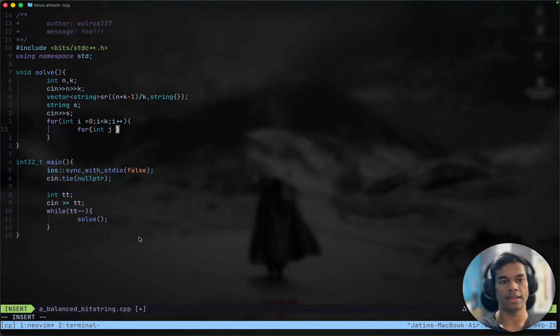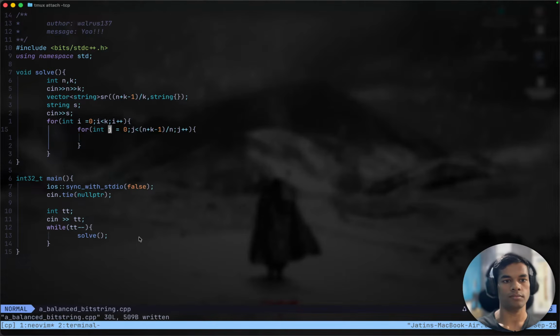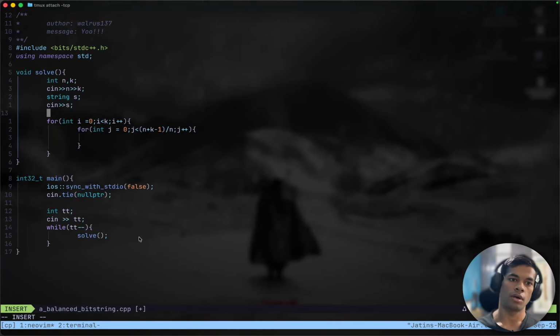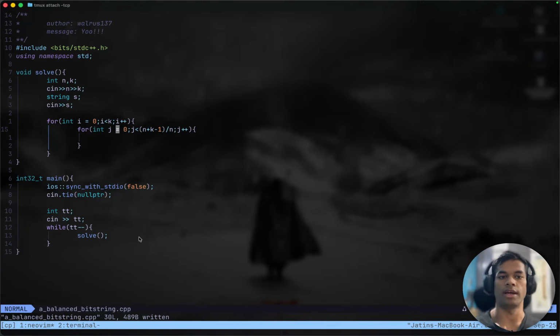for int j equals 0, j less than (n plus k minus 1) divided by k, j plus plus. So i is the index in a particular substring, and j is the index for the substring that we are at.